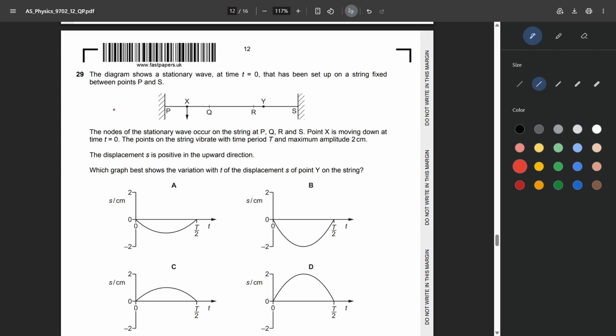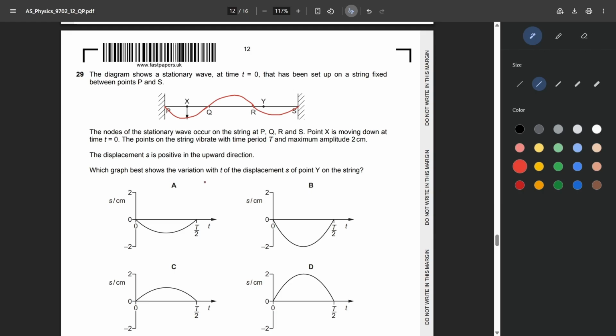Okay. Now these 4 points P, Q, R, and S are nodes, which means these are the points of zero displacement. If X moves down, the wave at this instant of time looks like this. Where P, Q, R, and S are all nodes.